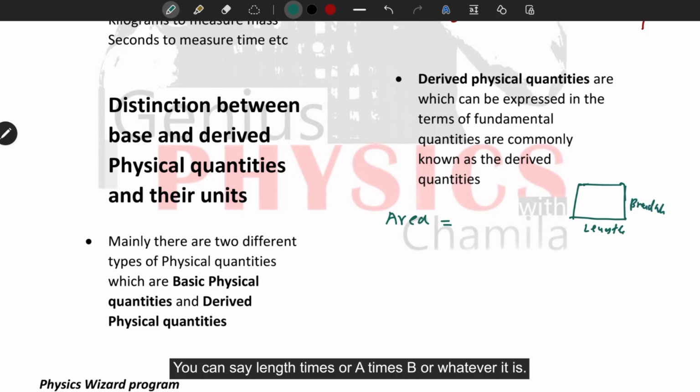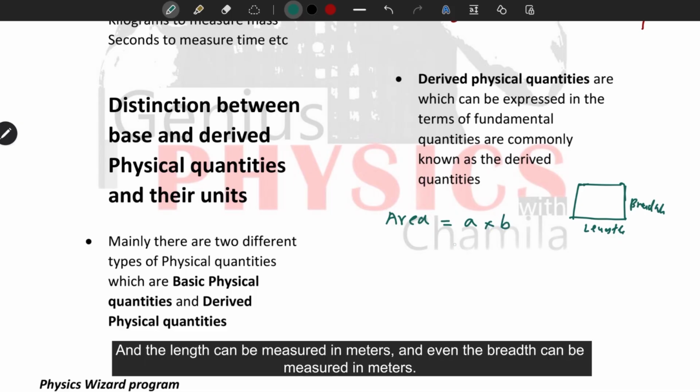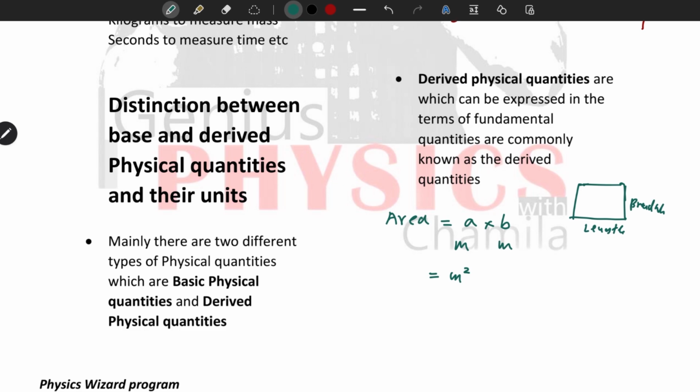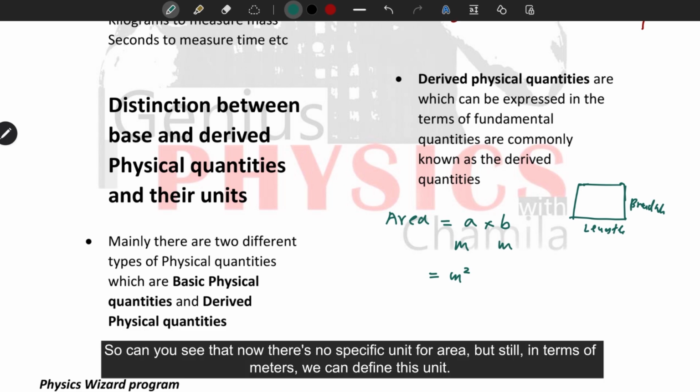You can say length times breadth, or a times b, and the length can be measured in meters and even the breadth can be measured in meters, so you end up getting meters squared. So can you see that now there's no specific unit for area, but still in terms of meters we can define this unit.